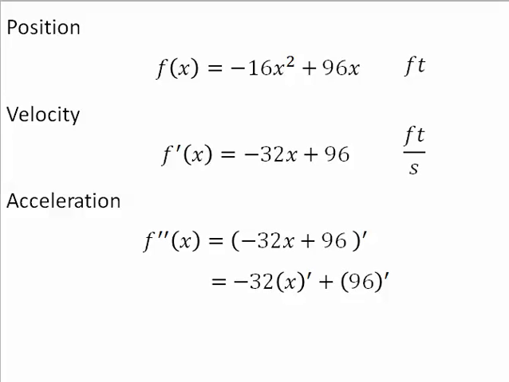I use my coefficient rule, and the derivative of a sum is the sum of the derivatives. Then the derivative of x is equal to 1. The derivative of 96 is equal to 0. And my acceleration is negative 32 feet per second squared, exactly what we would expect it to be.